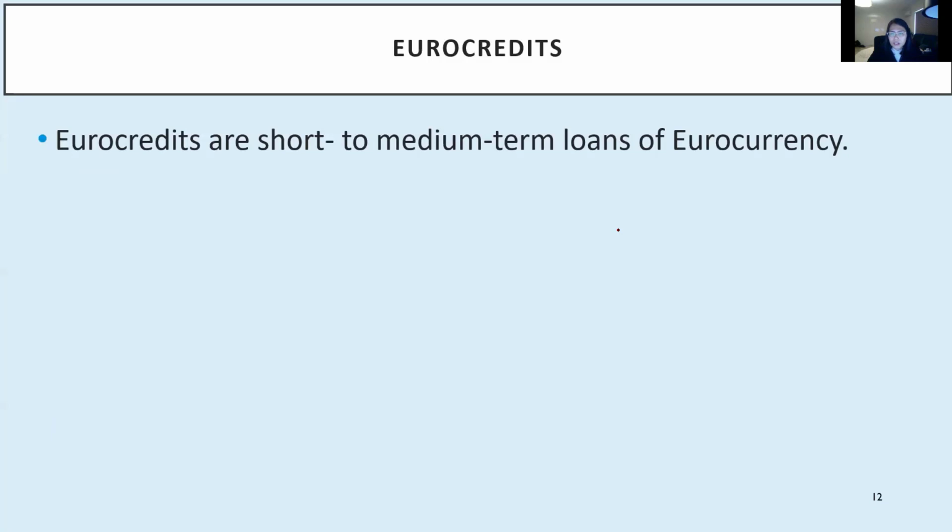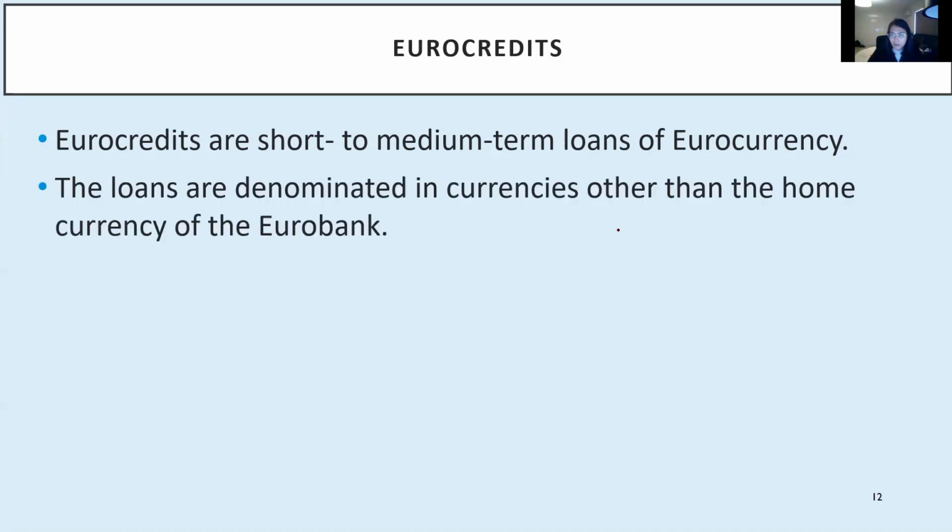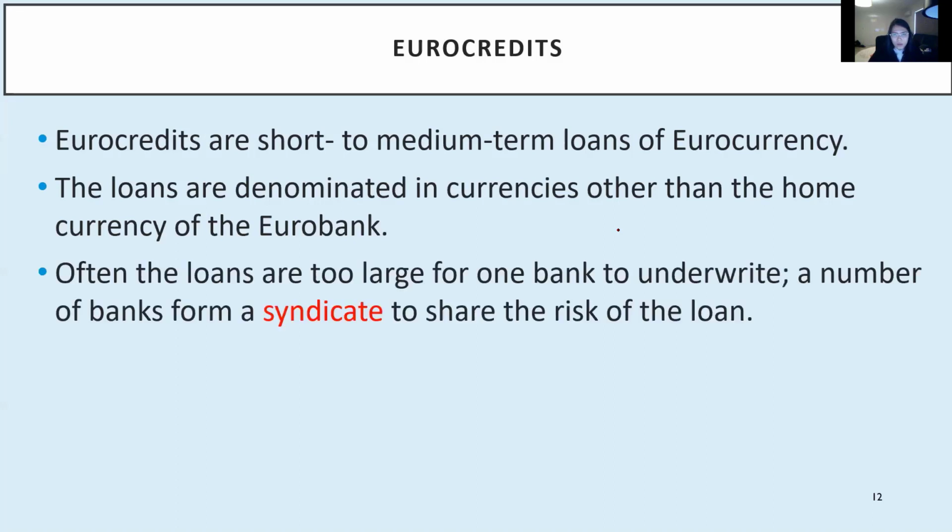So we have another instrument called the Euro credits. These are short to medium term loans denominated in the Euro currency. Normally with Euro credits, because they are large, this being the wholesale market, they will be written by a bank syndicate.